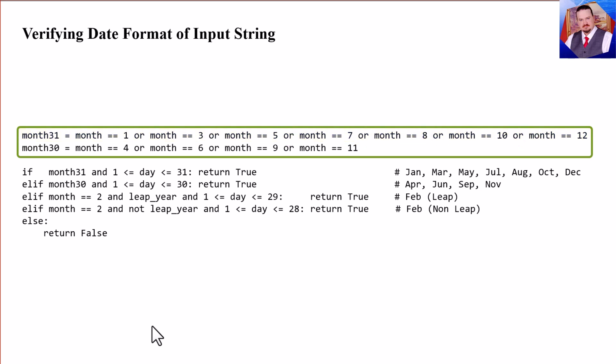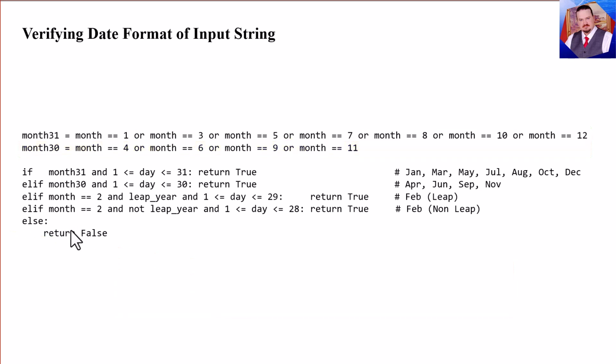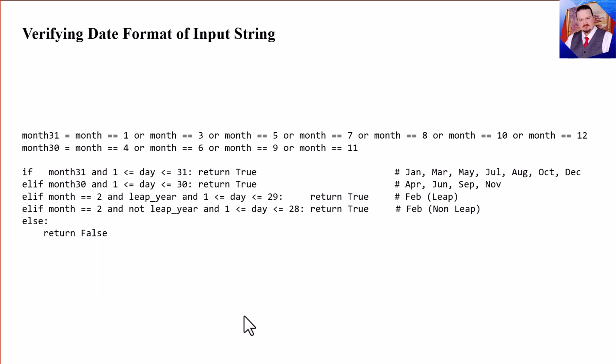I create a Boolean variable month 30, followed by 4 or statements. And then this ladder that we looked at a moment ago can be written thusly a lot more compactly. Again, you sacrifice a little bit in readability, but I think it's pretty clear what's going on. Again, I wanted to show you another alternative to the way that code could have been written.